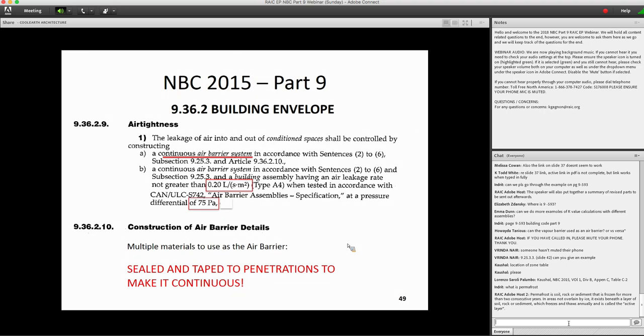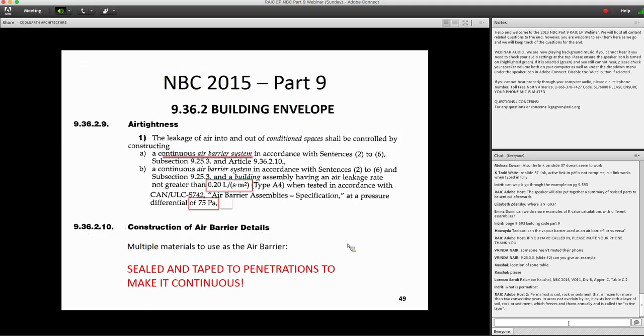Okay, air tightness. The leakage of air into and out of conditioned space shall be controlled by a continuous air barrier system. And here's where we start getting a number: the code requires an air leakage rate no greater than 0.20 liters per second per square meter.